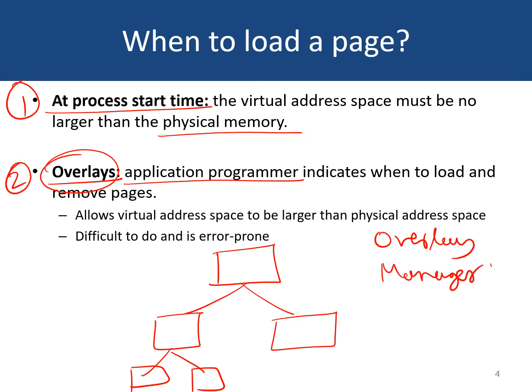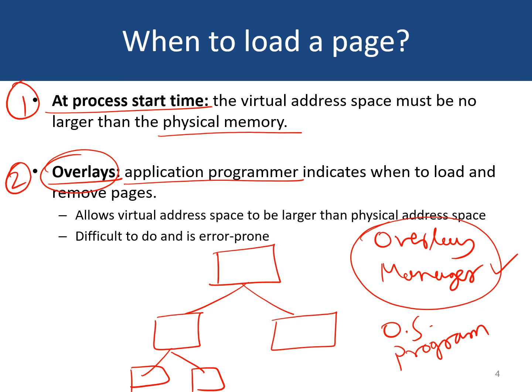This overlay manager is responsible for loading the required overlays from the external memory, let's say from the hard disk, into its destination region when it is needed. Now this overlay manager could either be part of the operating system or it could also be part of the overlay program itself.